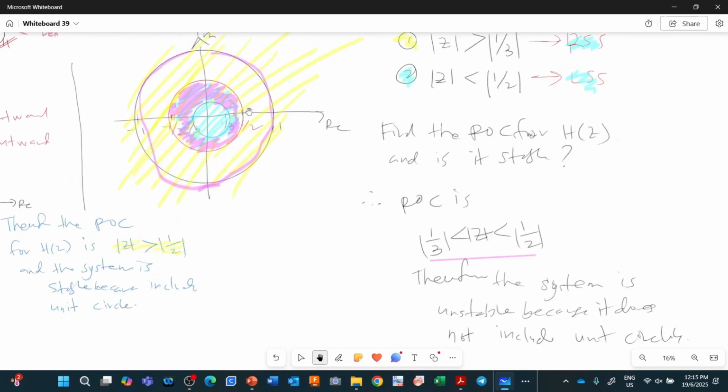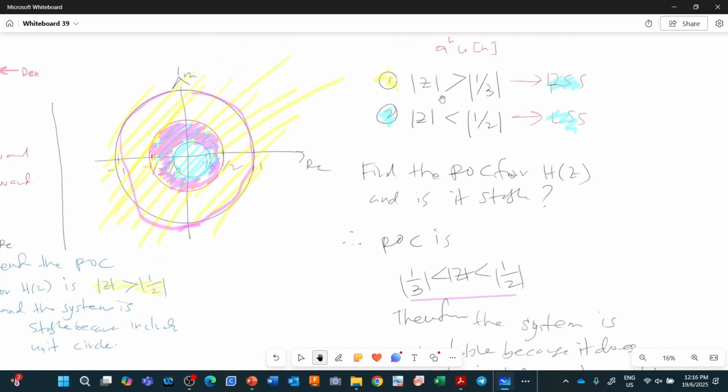So how do you actually manipulate the Z here? How do you make it include the unit circle? You need to have Z less than something larger. For the second equation, you should have Z less than the A value, right?